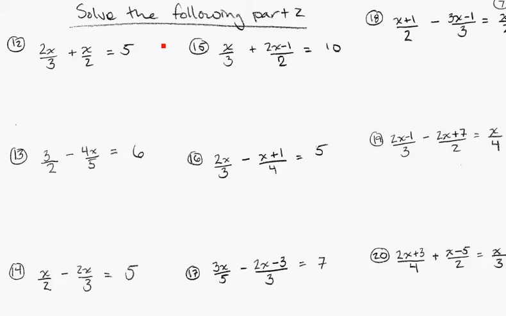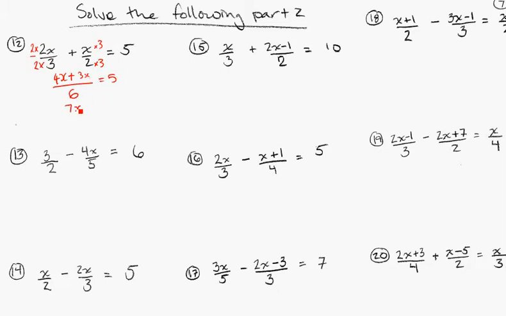Solve the following part 2. Lots of different ways we can do this, but I think what would make the most sense would be to use a common denominator, because we're adding these fractions together. So if we put them both over 6, that would require this fraction to be multiplied by 2 over 2, giving me 4x plus 3x.